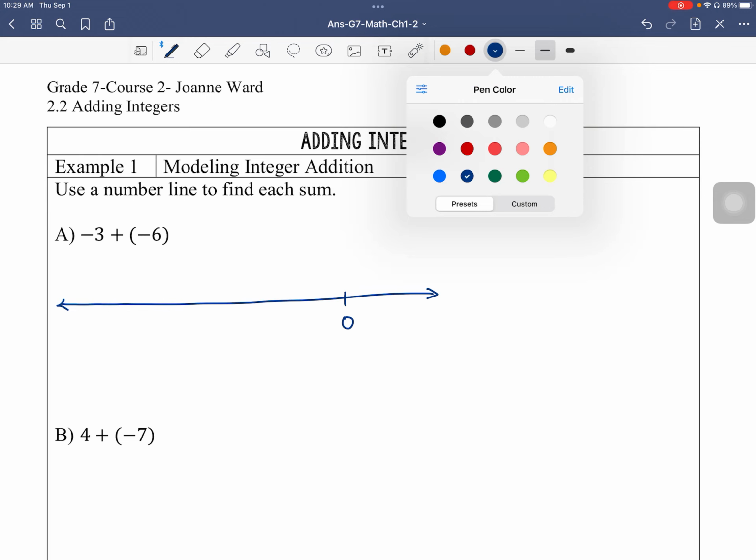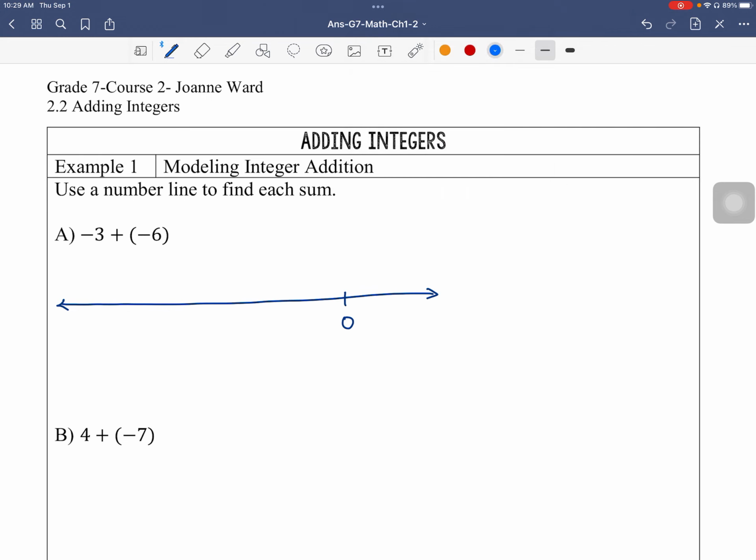To the left, I have negative 1, negative 2, negative 3, and going on toward negative 6, negative 7, negative 8, negative 9.